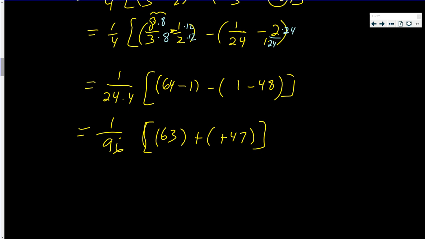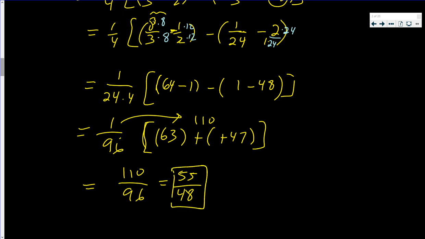If I'm doing my math right, that gives me 110. 1 times 110 is 110 over 96. 2 goes into the top 55 times. 2 goes into the bottom 48 times. Minus some silly error, that is how long the curve is.